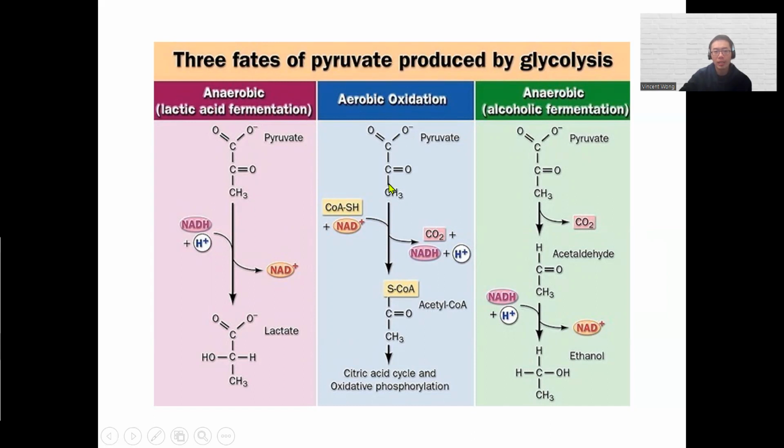You will go through the pyruvate oxidation, and then it will go to the citric acid cycle, Krebs cycle, and then etc. If you don't have enough oxygen and you're human, you will switch to lactic acid fermentation, regenerating NAD+, so that glycolysis can keep on going. If you are yeast, right, you don't have the machinery to do step 2, step 3, and step 4. So instead, you create ethanol and carbon dioxide, and you regenerate NAD+.